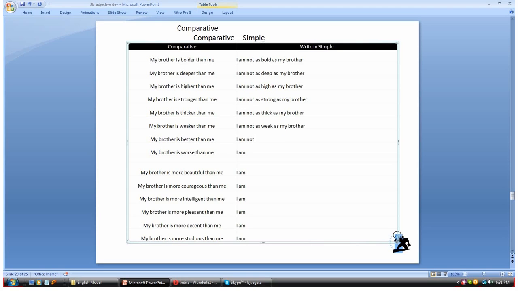I'm not as better. What is the simple for better? Good.